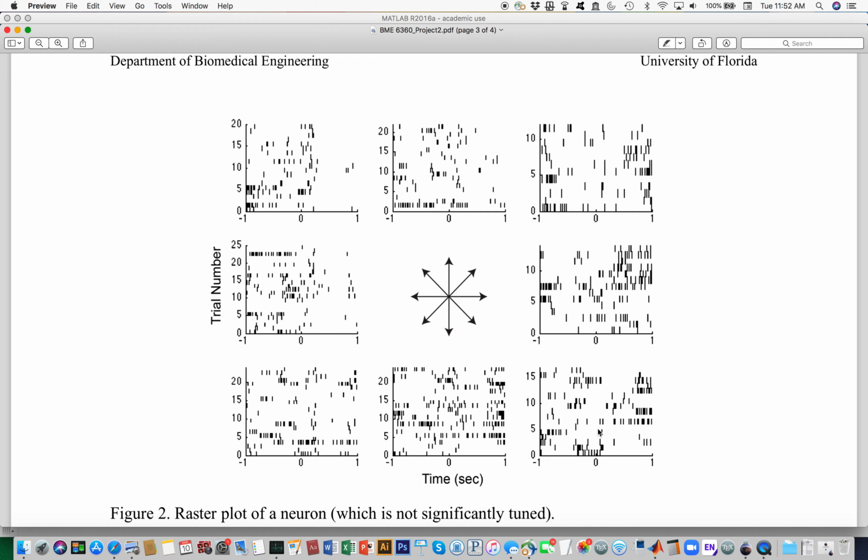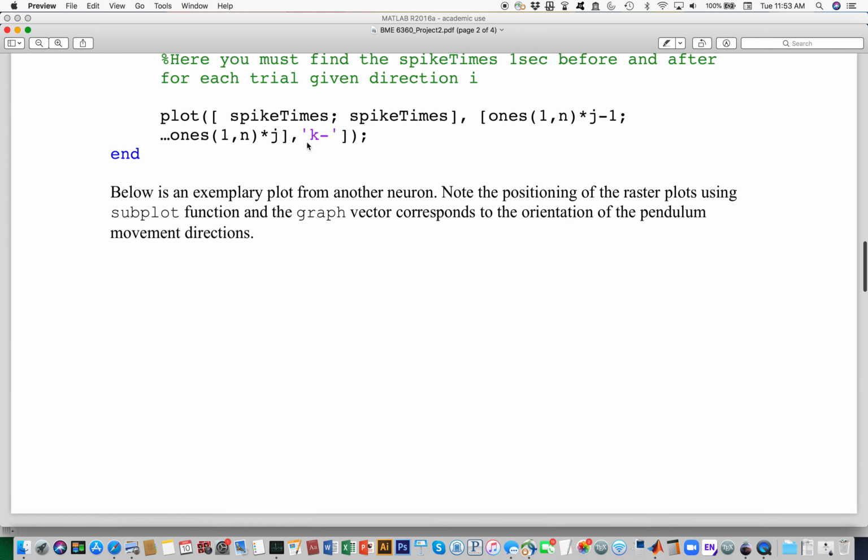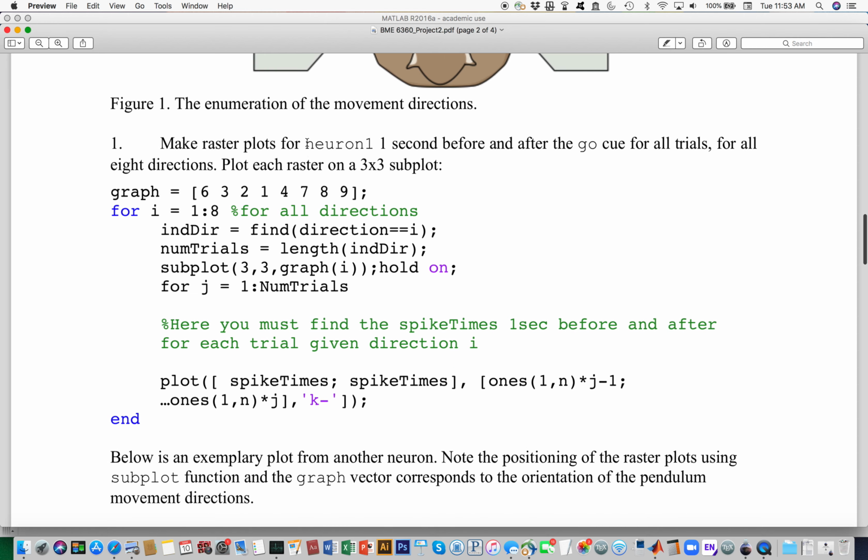Okay, so I want to be able to put direction number 1 in spot number 6, direction 8 in spot number 9, and the 4th direction needs to be in spot 1. I gave you another hint on how to do this.